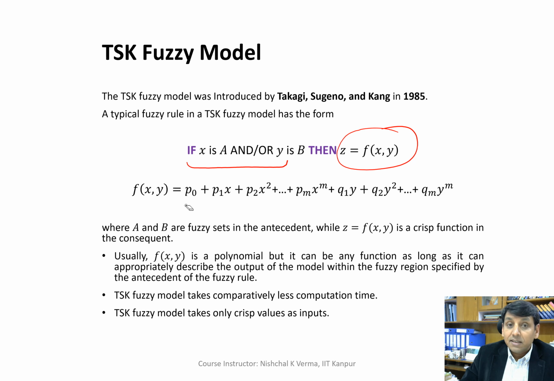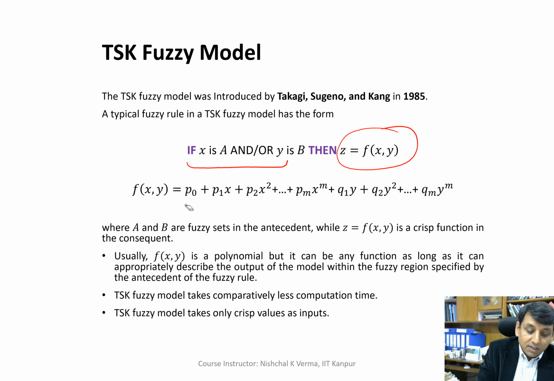Then we have second degree terms p2 x squared, q2 y squared, and so on. So in this polynomial we have up to the mth degree terms. In general we are writing f(x,y) as an m degree polynomial.